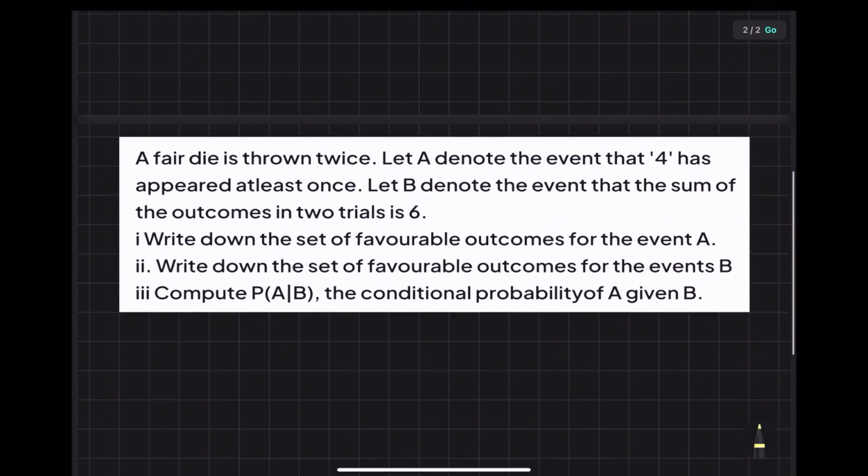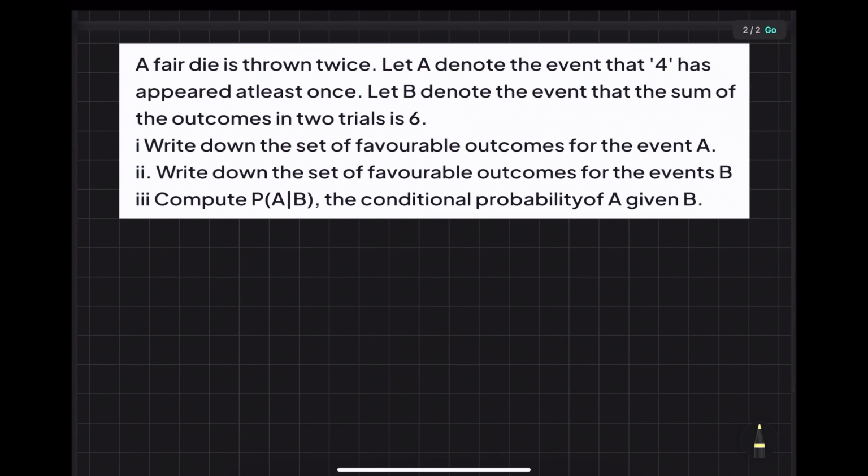Now let's jump on to the illustration part so that we can build better understanding. A fair dice is thrown twice. In general, you know that the total number of possible outcomes would be 6 times 6, which is 36. Let A denote the event that 4 has appeared at least once.